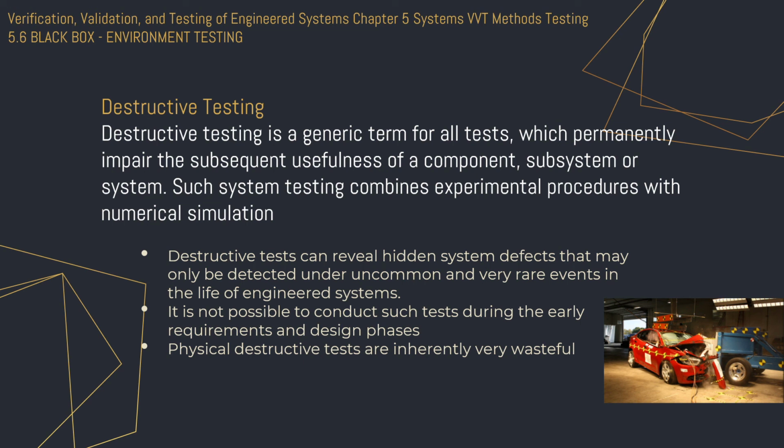This is a physical test which can reveal hidden system defects that can only occur by destroying the system or product. It is not possible to conduct these tests in early requirements, so this is near the final end of the system. These tests can be very costly and very wasteful, so if they are performed, they have to be very carefully planned ahead.